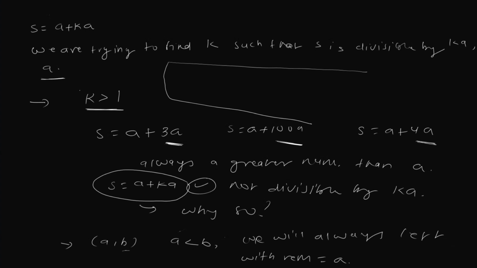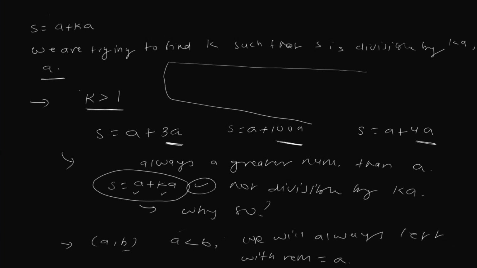I'm just saying this, when we have S equal to a plus ka, the first element is a and the second element is ka, where k is greater than 1, so obviously the second element is going to be larger than the first element.